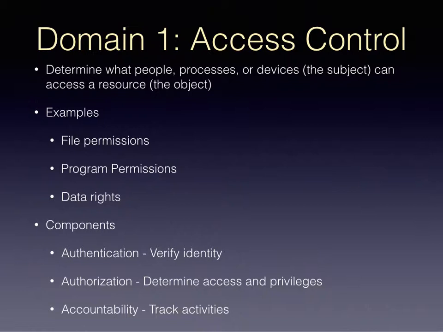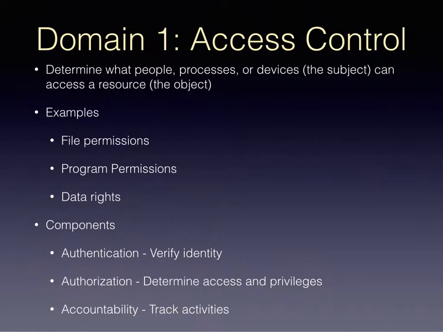So subjects, access, objects. And again, we're not just controlling what people can access an object. We're controlling also what processes or devices can access an object. Examples of access controls include file permissions, program permissions, and data rights.